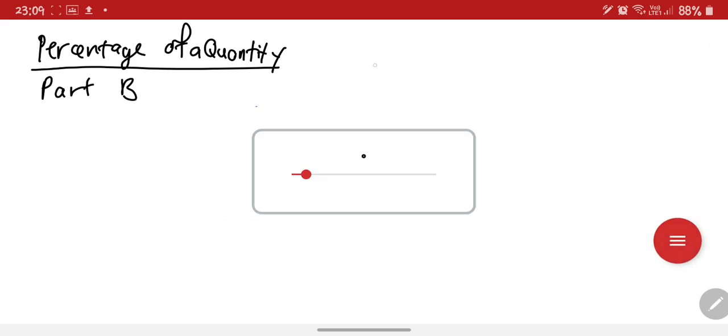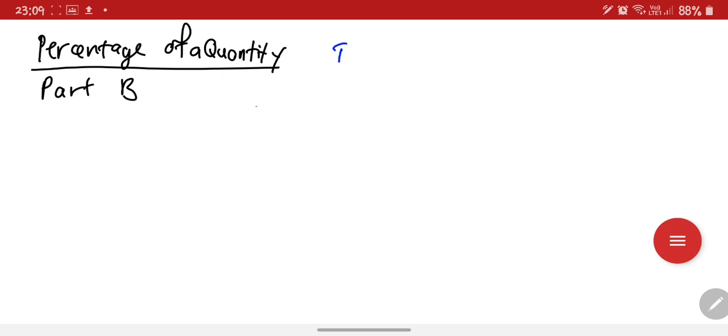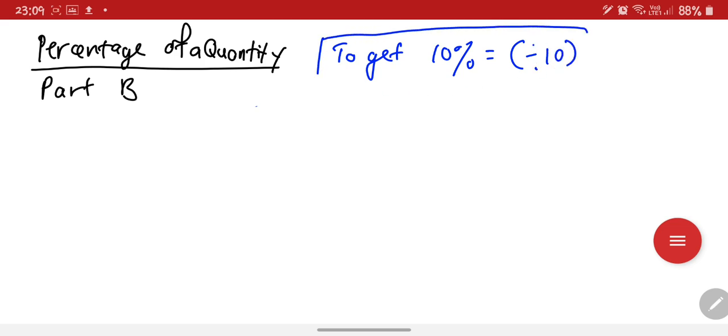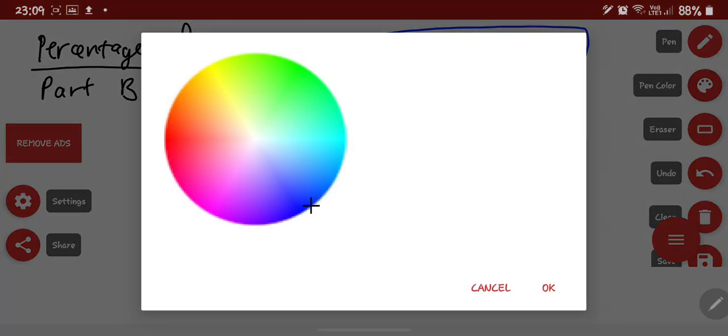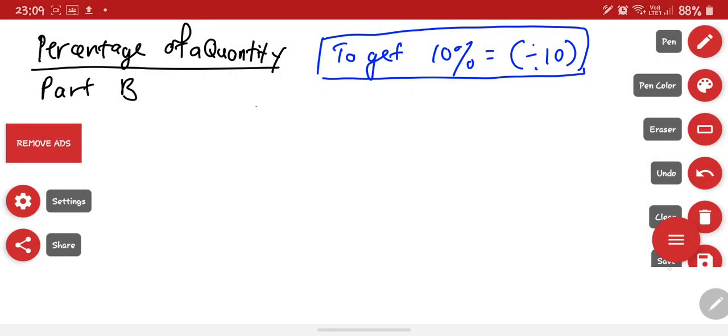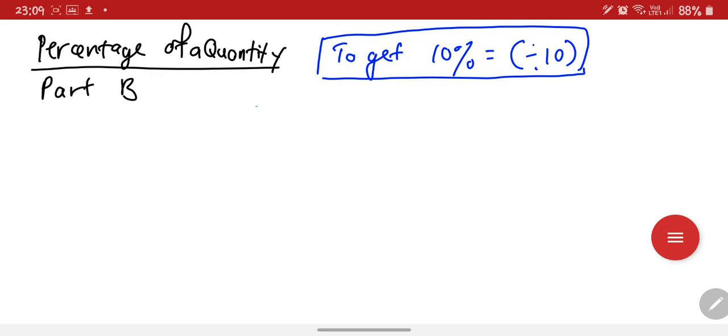As I said, to get 10%, you have to divide the number by 10. This is the key here. It's okay, I know it's a bit difficult to do, because we are still doing examples. No worries, let's continue with another example.